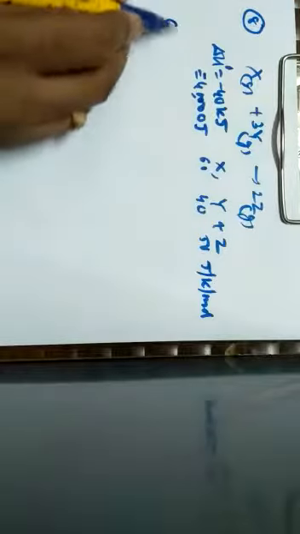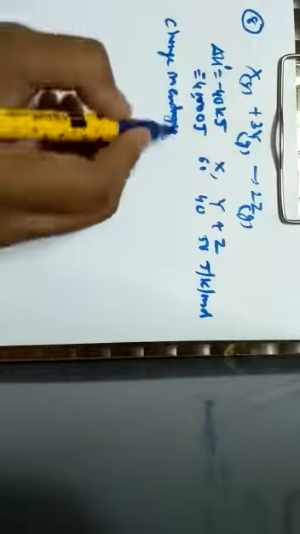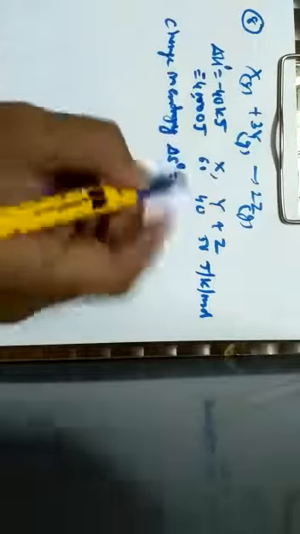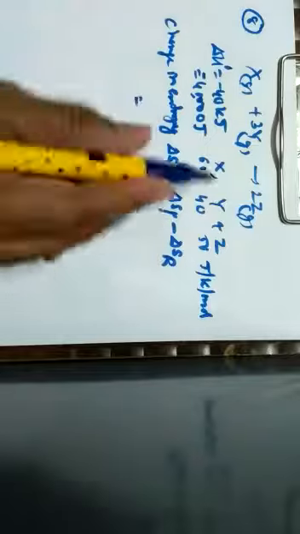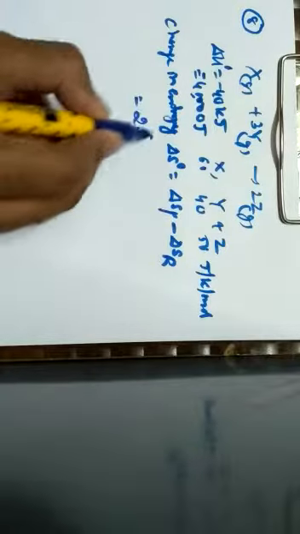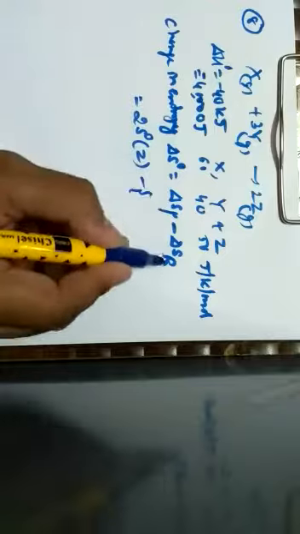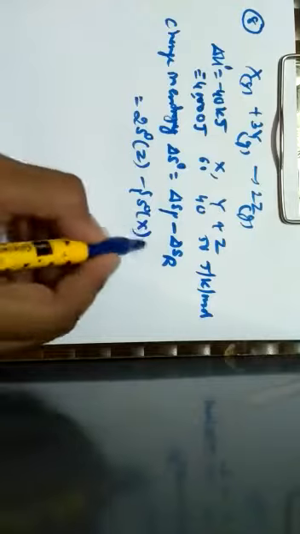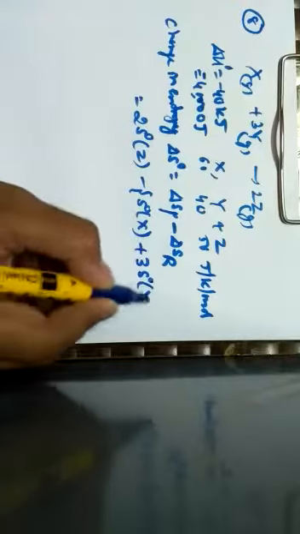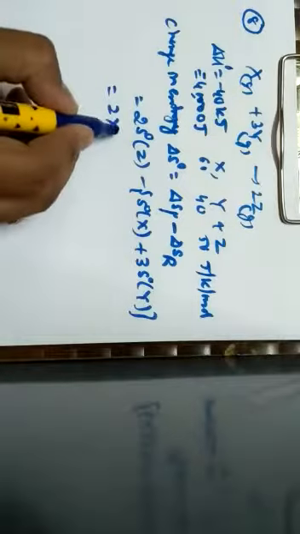Here, change in entropy. So we know that the change in entropy, that is delta S naught, can be calculated by delta S of products minus delta S of reactants. So delta S of products means what? It is 2 times S naught with reference to Z minus the reactants, X and Y. I can write it as entropy with reference to X plus 3 times entropy with reference to Y. So let us substitute all the values.